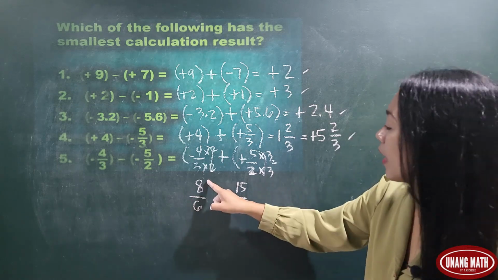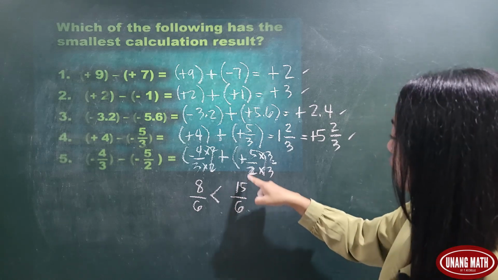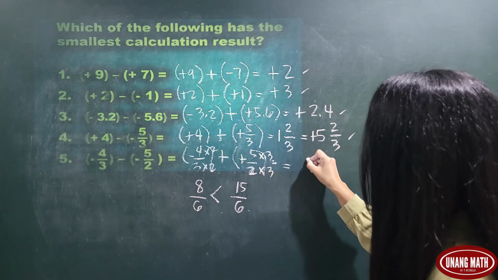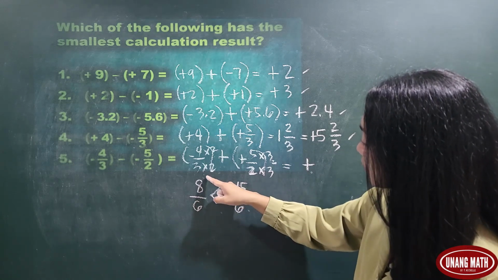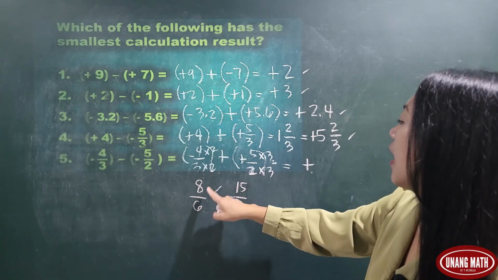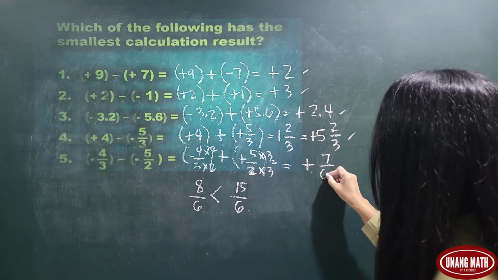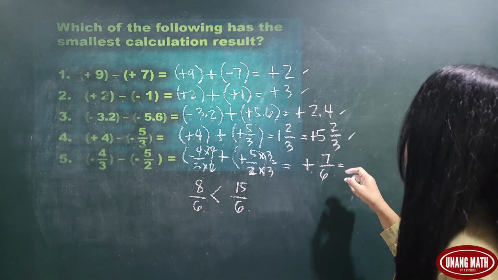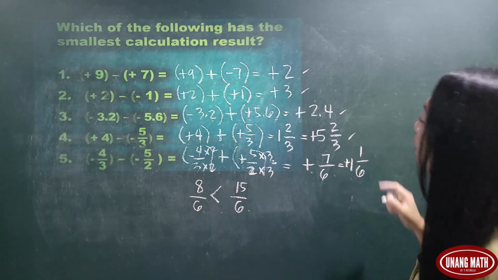It means 8 over 6 is less than 15 over 6. So we follow the sign of the larger number, positive. Our answer must be positive. Get the difference, 15 over 6 minus 8 over 6. The answer here is 7 over 6. If we turn 7 over 6 into a mixed number, this is 1 and 1 over 6. So, positive 1 and 1 over 6.